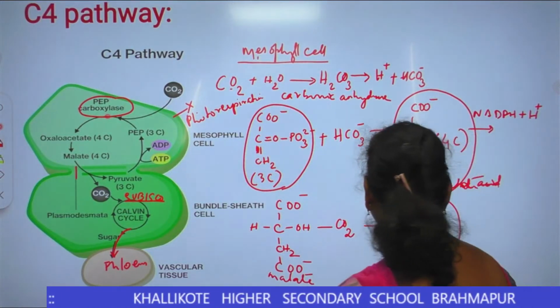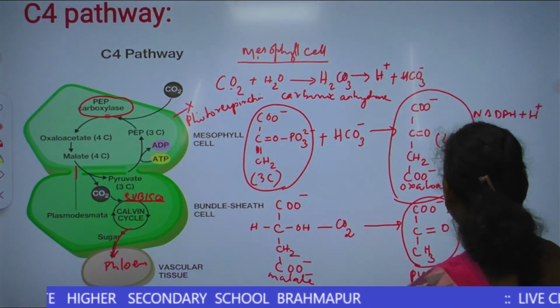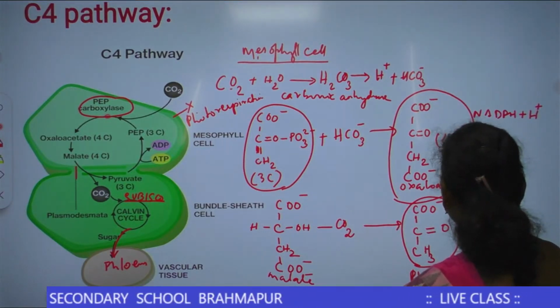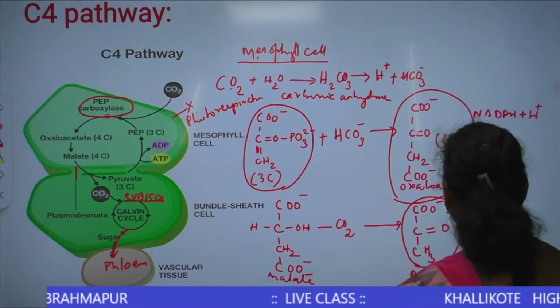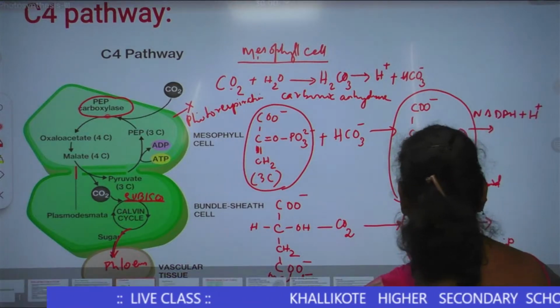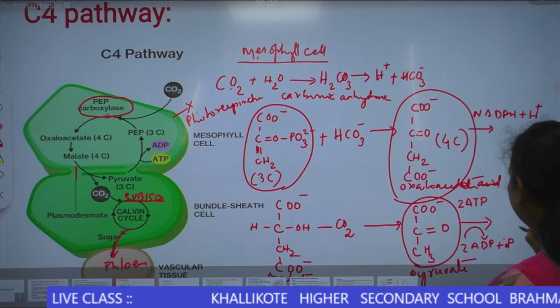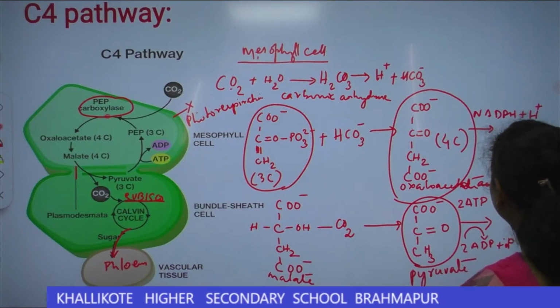So here this pyruvate will require 2 ATP molecules getting converted into 2 ADP molecules and then it will be forming back this compound.